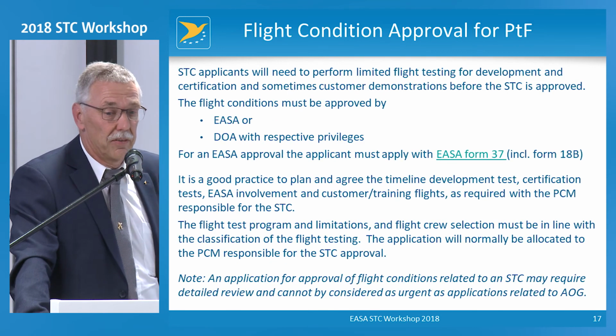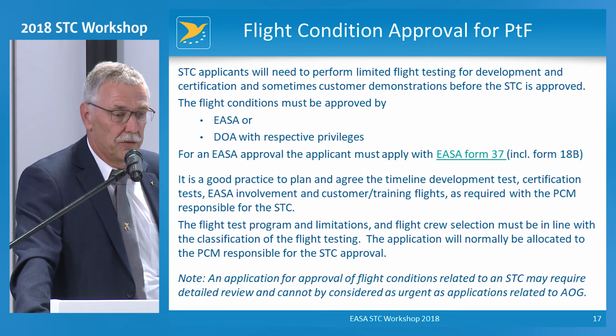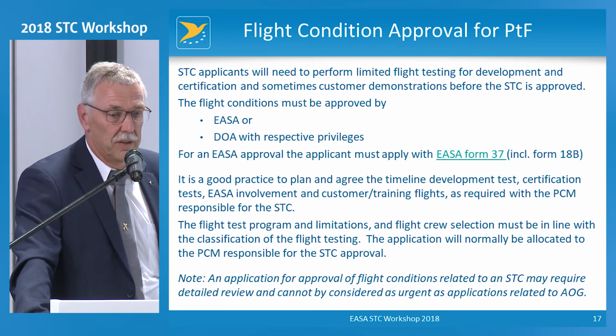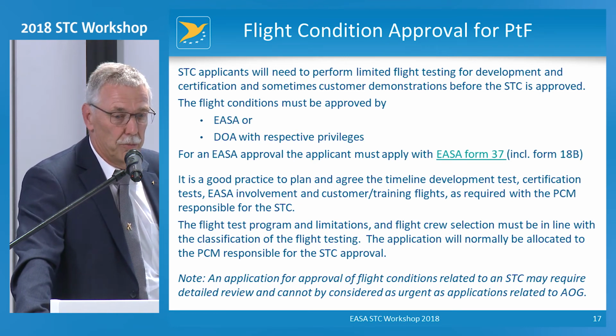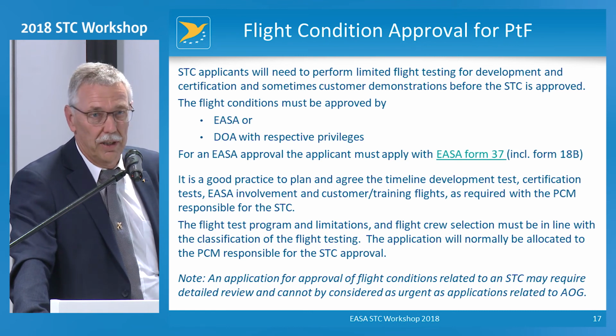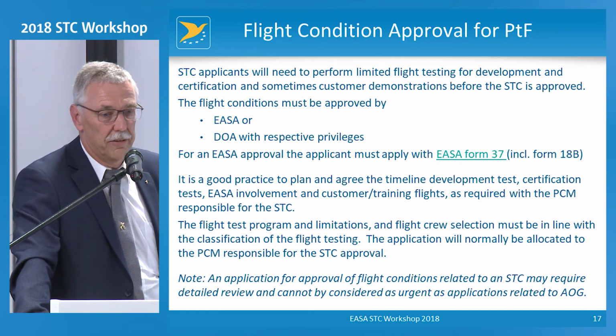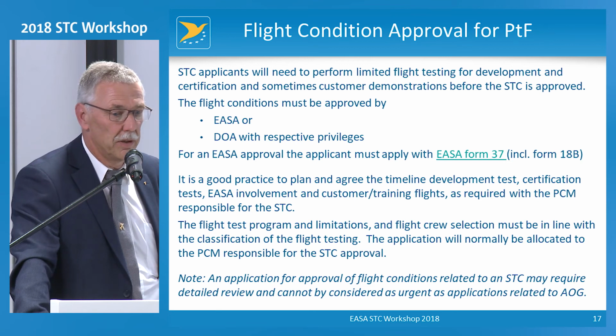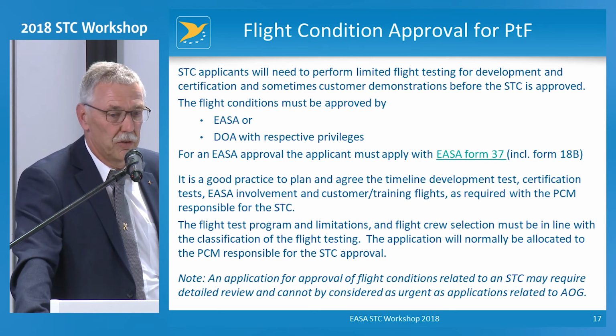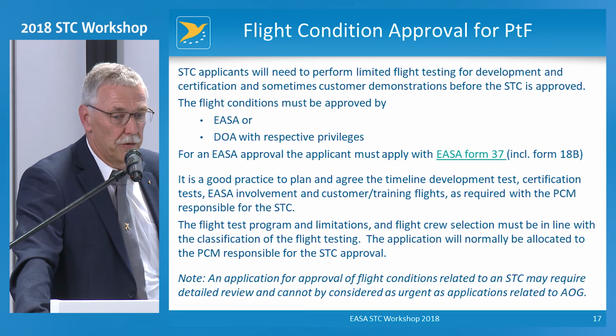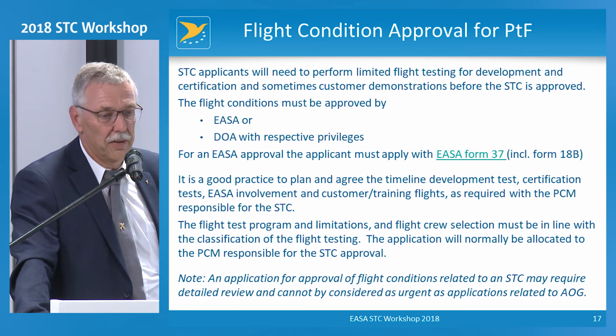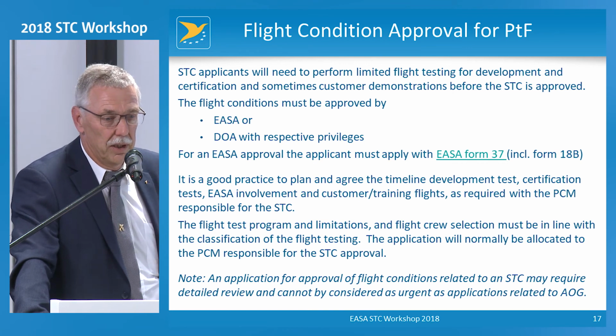The last slide that I have is for flight conditions for approval of a permit to fly. Obviously, you have to do some flight testing for development and certification, sometimes customer demonstrations, before the STC is approved. These flight conditions must be approved by either EASA or a DOA with the respective privileges.